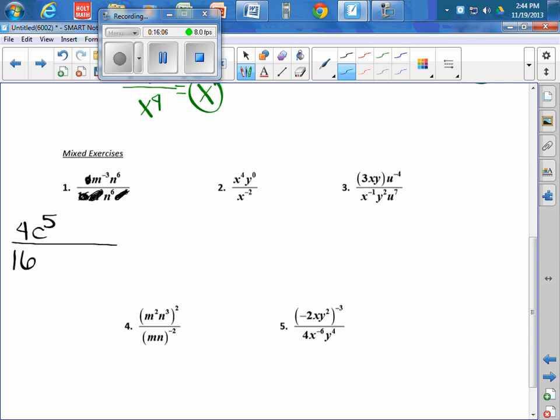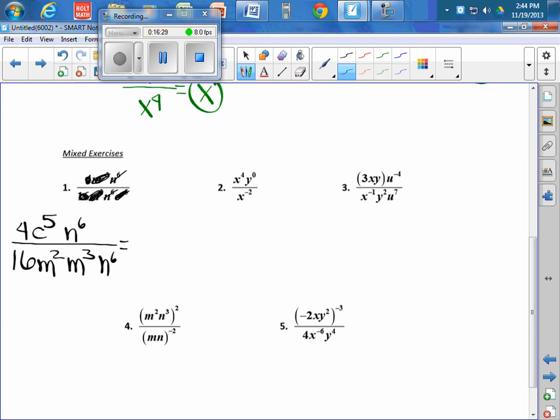This m to the second power stays in the denominator because it's already positive 2. This m to the negative 3 goes into the denominator and makes it positive 3. This n to the 6th stays. Now I have all positive exponents.